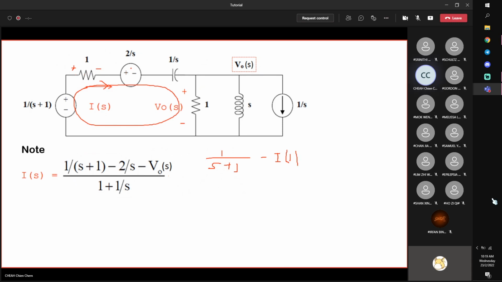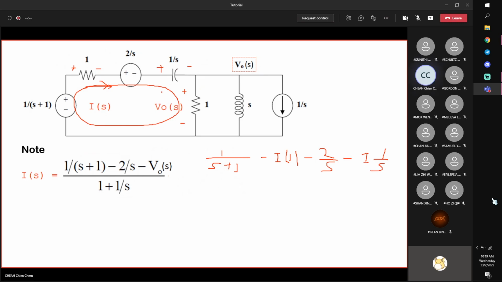Here there's a drop again, minus 2 over S. And here, passive component, remember, energy must always flow from high to low. Otherwise it's a source, there's energy there to push up against the natural direction. Naturally, it should be from high to low. And then I have IS times Z, 1 over S.